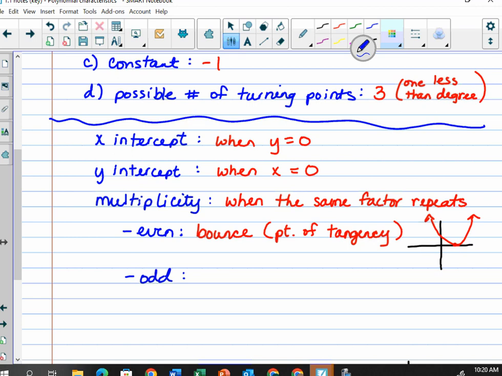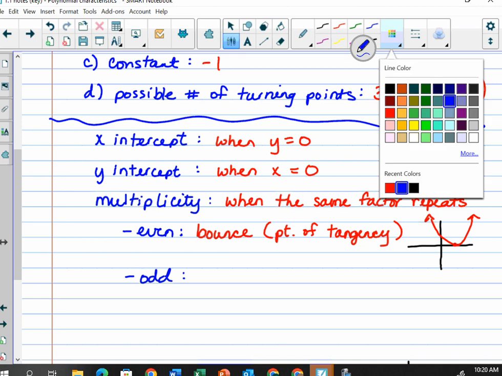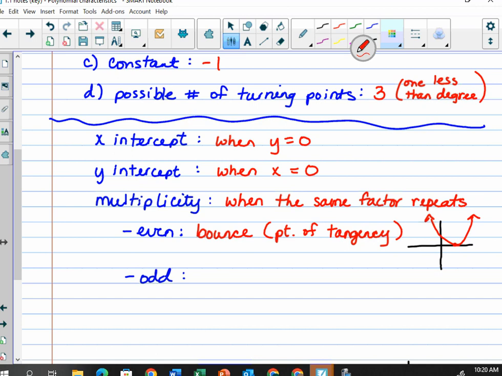You can also have odd multiplicity. And that one creates a point of inflection. Anybody know of a graph that has a point of inflection? You guys know your cubic graph, right?